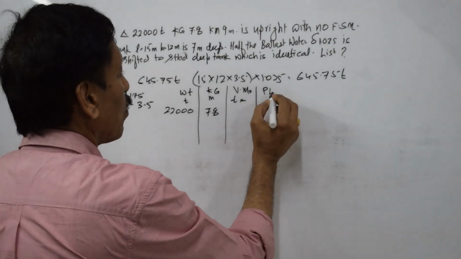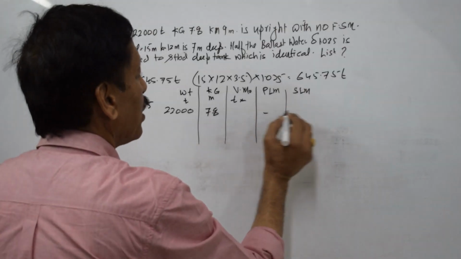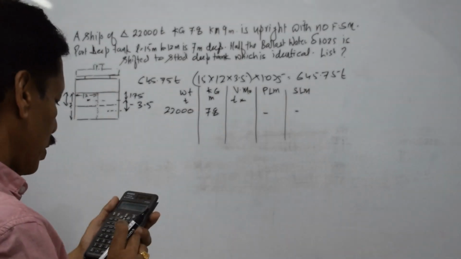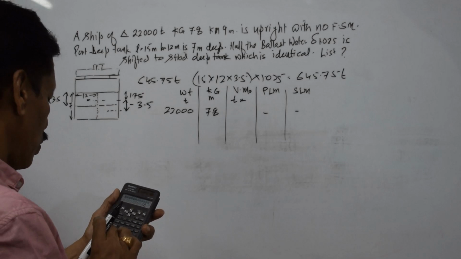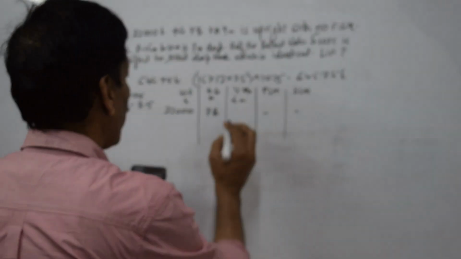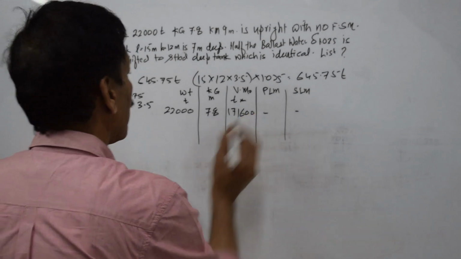The port listing moment and starboard listing moment are initially nil because the vessel is upright. 22,000 into 7.8 gives me the vertical moments as 171,600 tons meter.